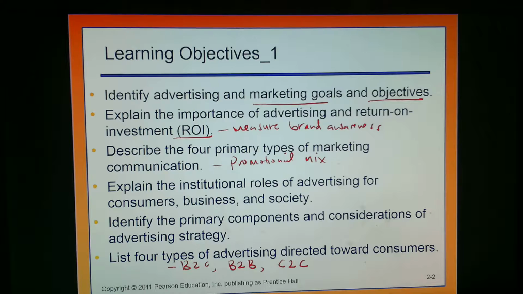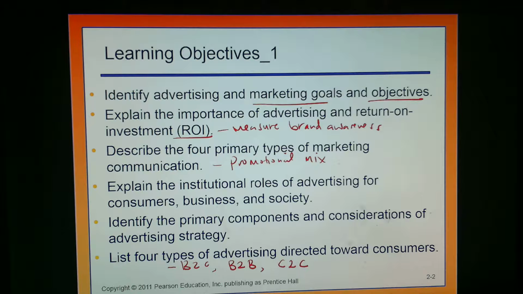Then we're going to identify the primary components and considerations of advertising strategy. Lastly, we are going to wind up by looking at 4 types of advertising directed towards consumers, either B2C, B2B, or C2C, and we shall see what the B and the C basically stand for.